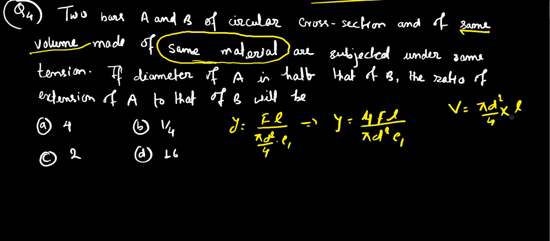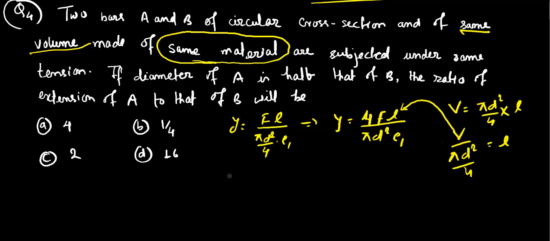So to introduce the value of volume in the expression, we just have to write V by pi d square by 4 equal to L, and now we have to replace this L by V upon pi d square by 4.